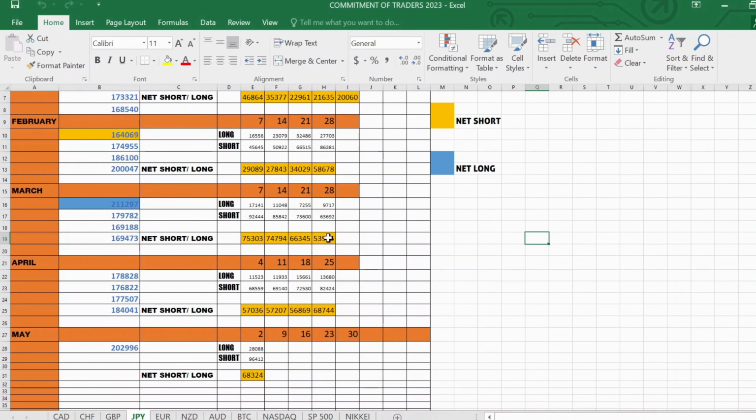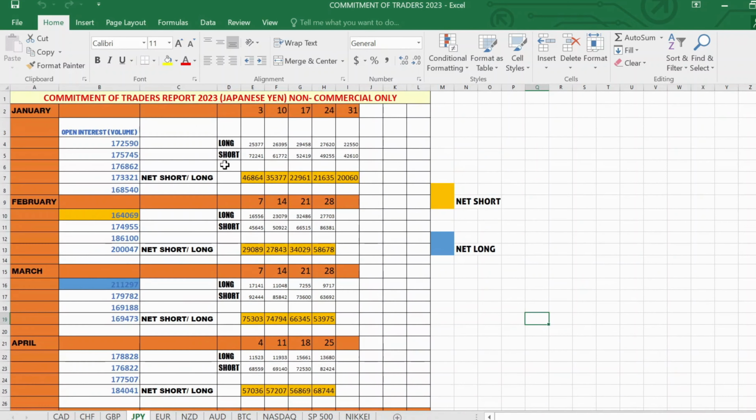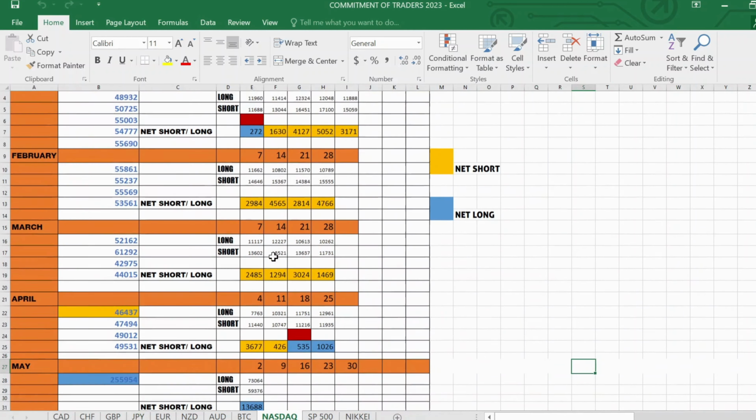So for the yen, it has been net short all through the year. We also have NASDAQ.